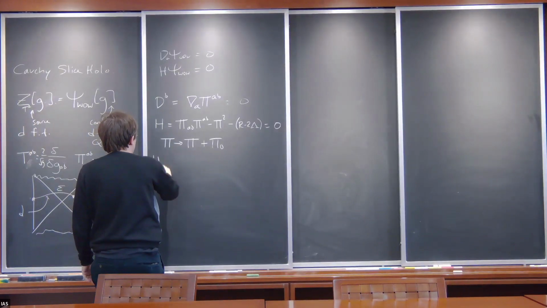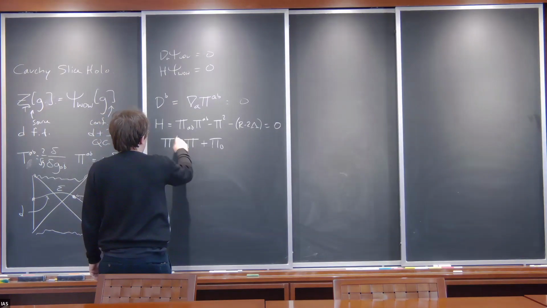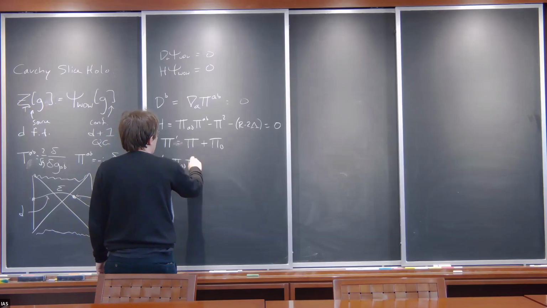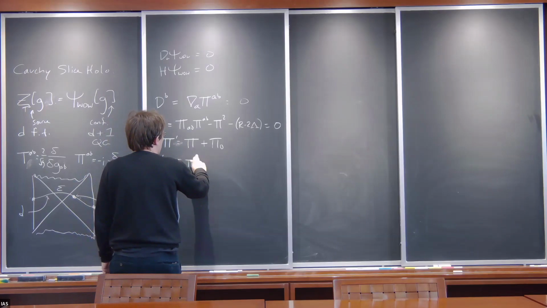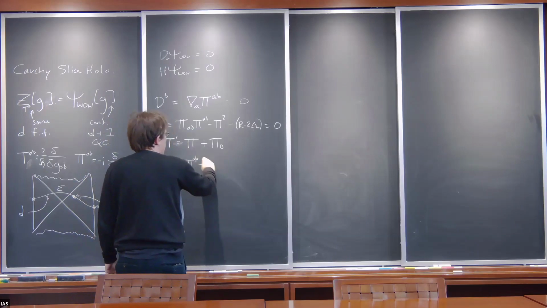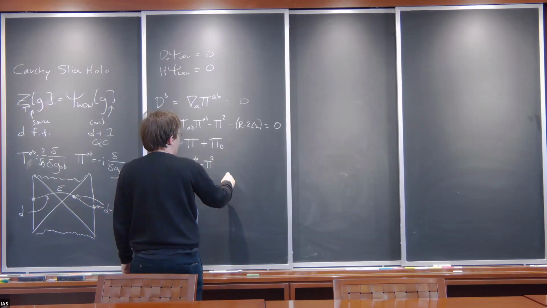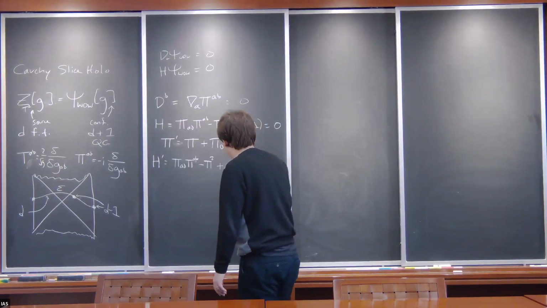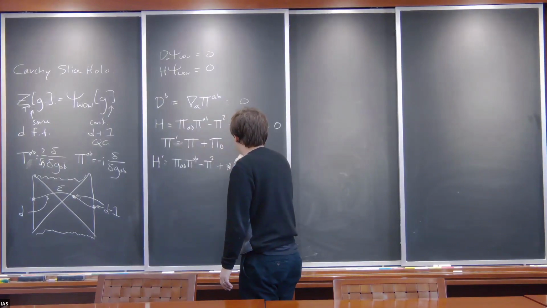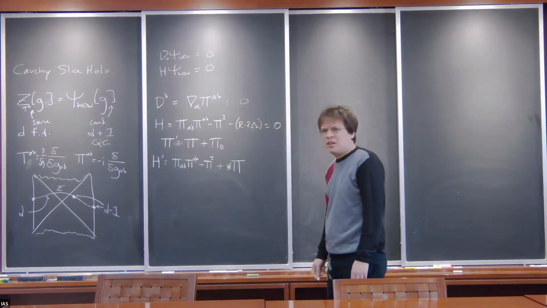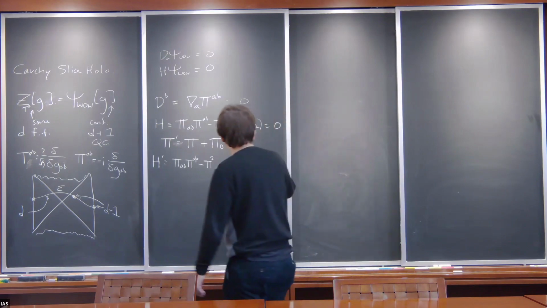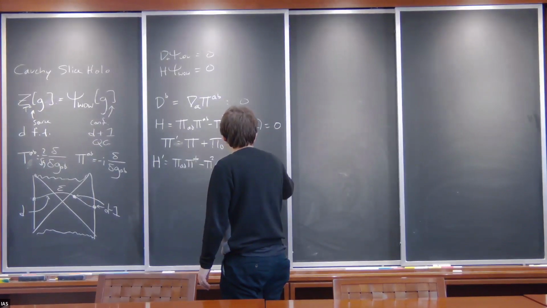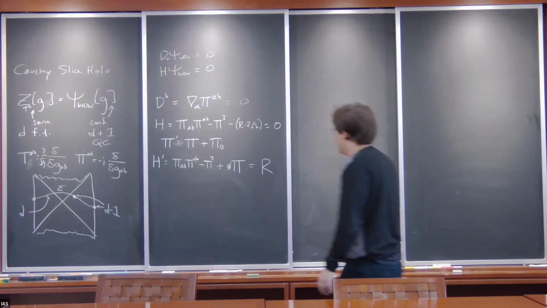And what I'm left with is, so you have the same stuff, and then you'll have a term that's linear in pi with some coefficient that I'm not going to bother to work out. And then this thing is going to be equal to R.